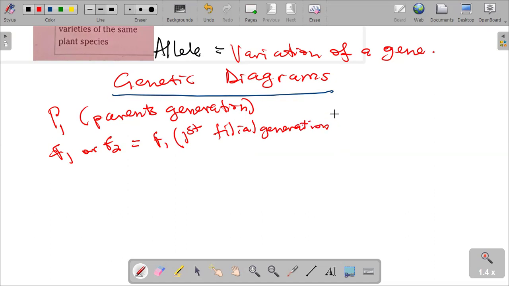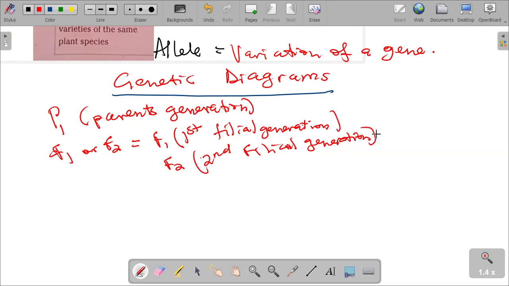And of course, F2 represents the second filial generation.